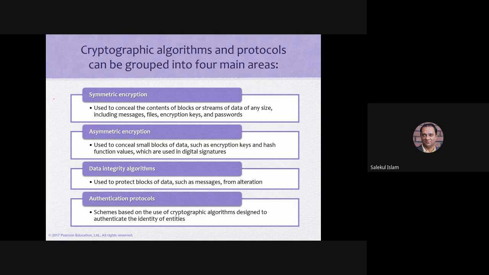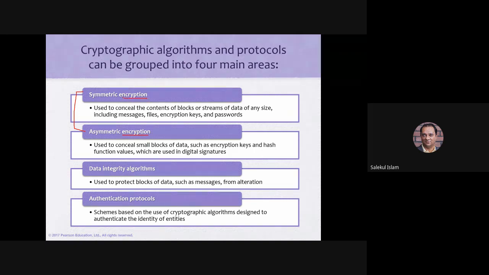Now, cryptographic algorithms and protocols, we can group them into four main areas. The first one is symmetric encryption, and the next one is asymmetric encryption. These two are mainly the same category, because both of them are encryption.